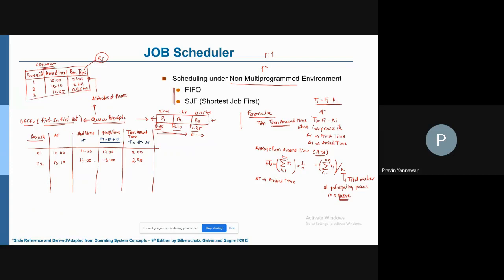We are using a round-up of 100, so don't get confused with 60 minutes and all that. The third process arrived at 10.25 but it is started at 13.00. It requires 0.25 hours, so the finish time will be 13.25.